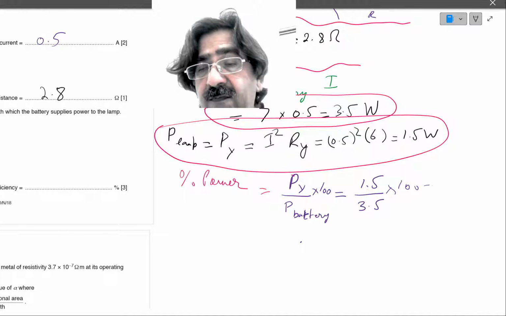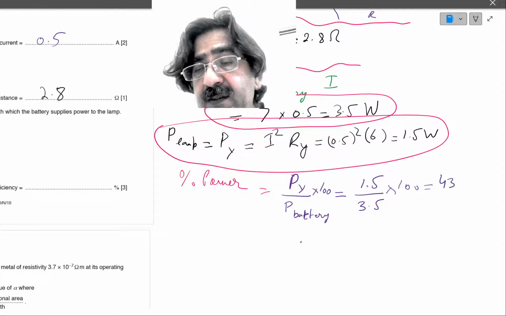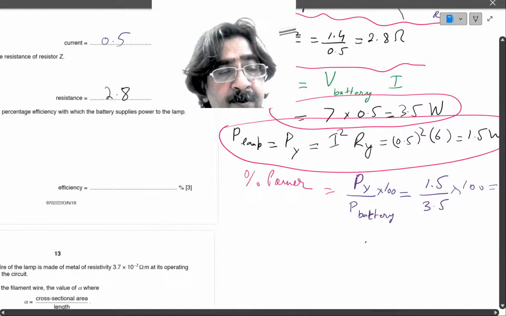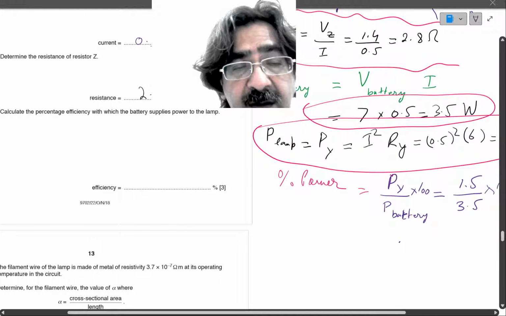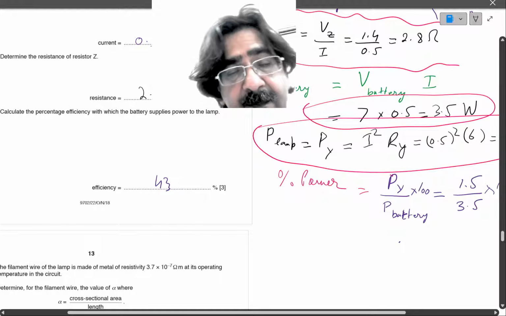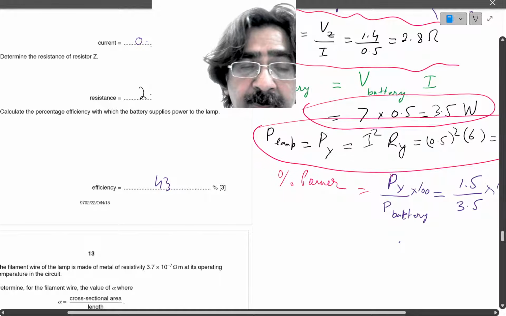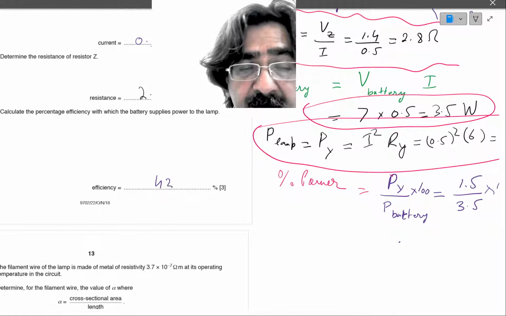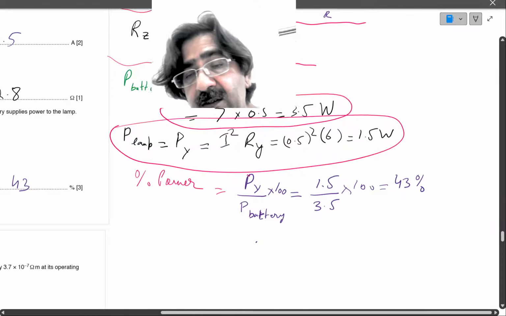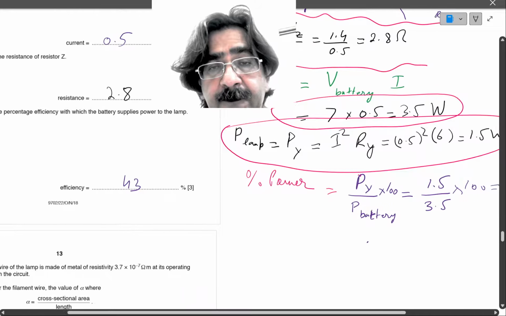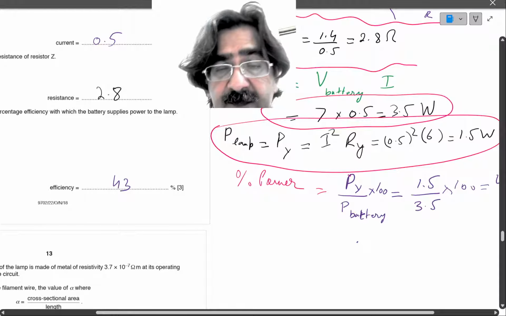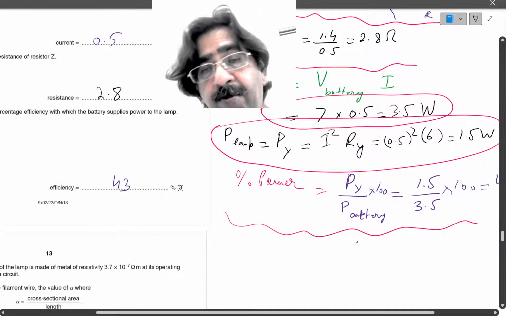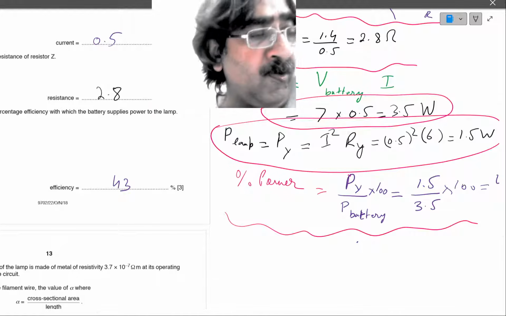This will be 43%. So the efficiency will be 43%. So the answer will be 43%.